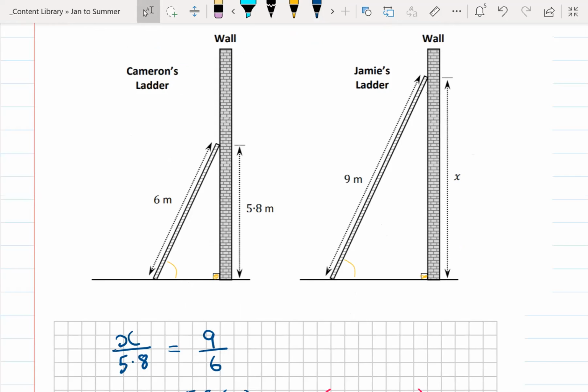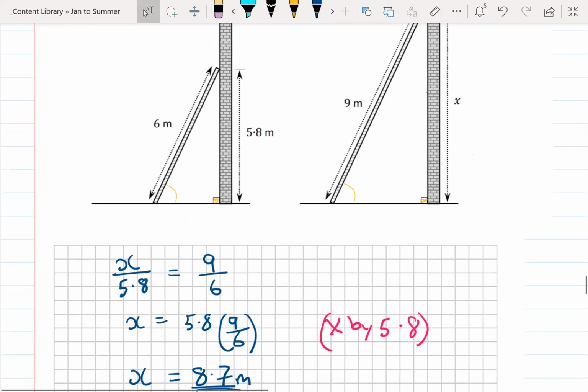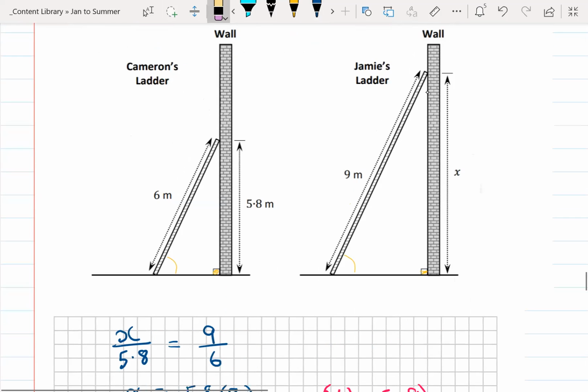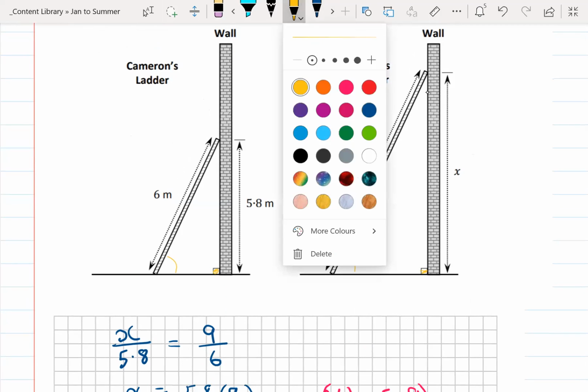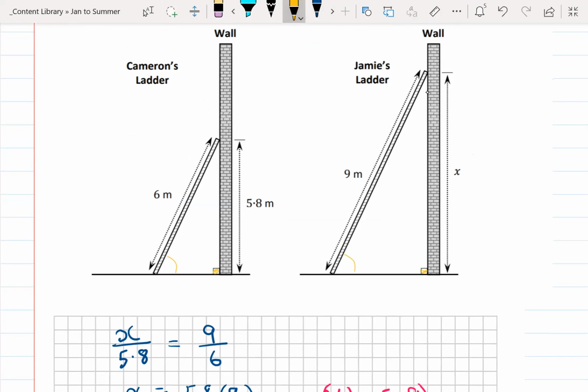First of all, what are similar triangles? Similar triangles are triangles that have the same angles. We've been told that this angle and this angle are the same, and that angle there in the corner, they're both 90 degrees.